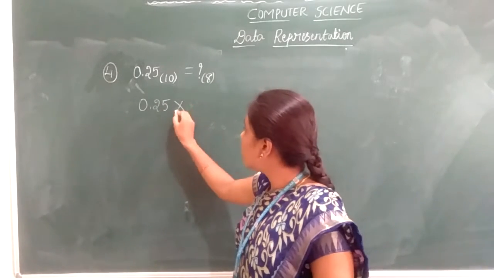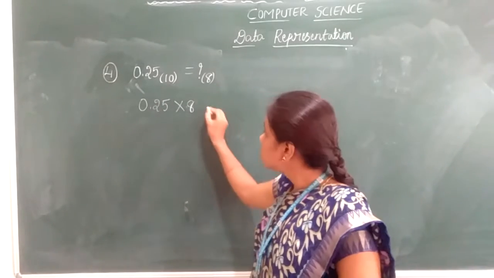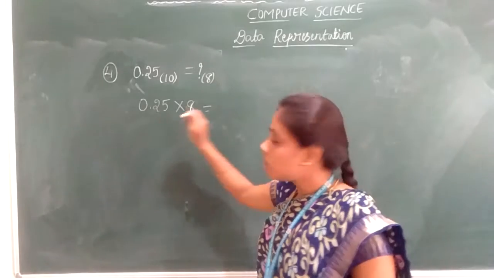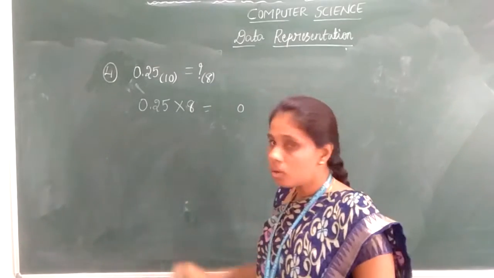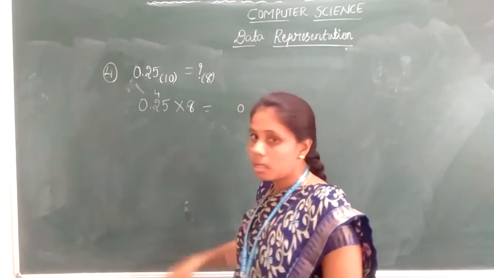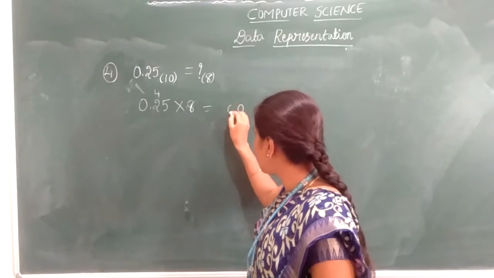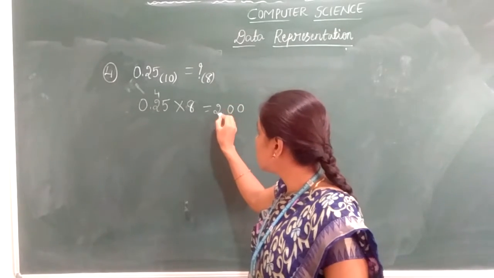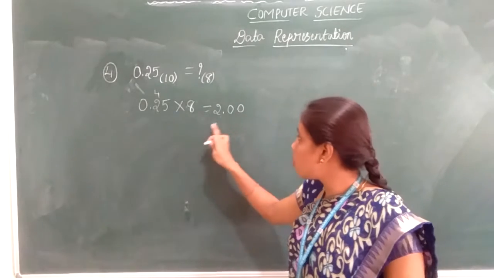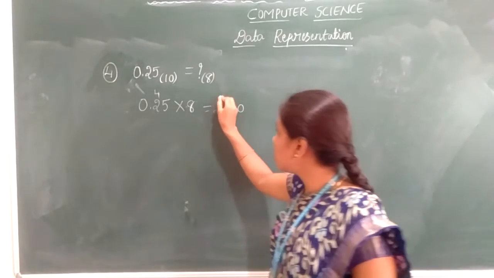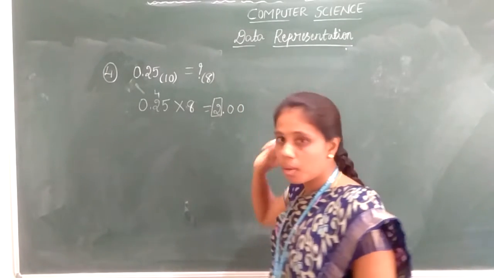0.25 multiplied by 8. See, 8 5s are 40, 0, 4 carry. 8 2s are 16. 16 plus 4 is 20. So 2 carry. It will become 2.0. Now stop. Note down this integer part.